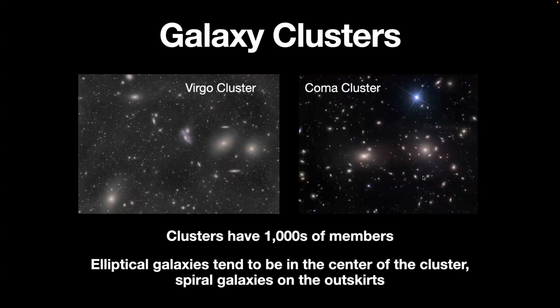When spiral galaxies are involved in a major merger, they often lose their spiral structure. So this could be a reason why we don't see many spirals in the center of clusters, because maybe a spiral galaxy falls into the center, undergoes some sort of merger, and loses its spiral structure. They become an elliptical galaxy.